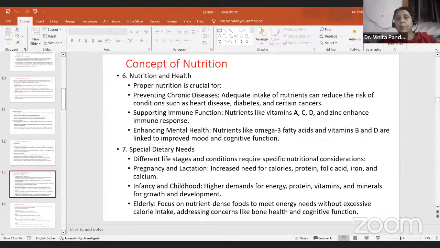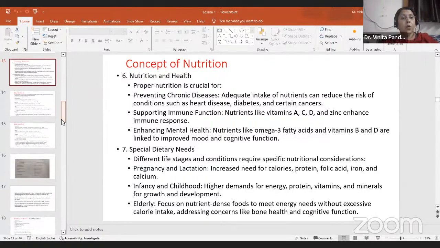Then proper nutrition. See, why we are spending so much time talking about nutrition, because when you're talking about health, this is one of the most important concepts in terms of women's health, because if nutrition to the body is appropriate and is in the required amount, a major part of the diseases is already taken care of.